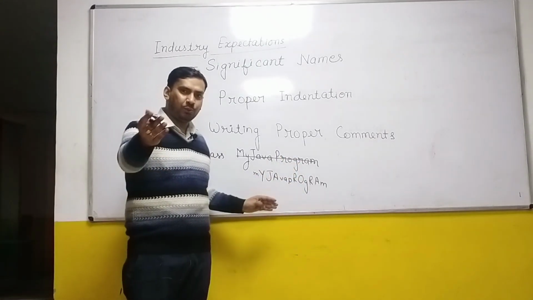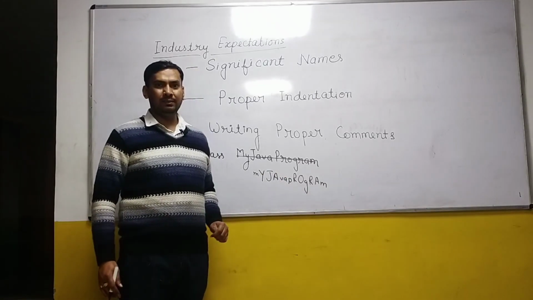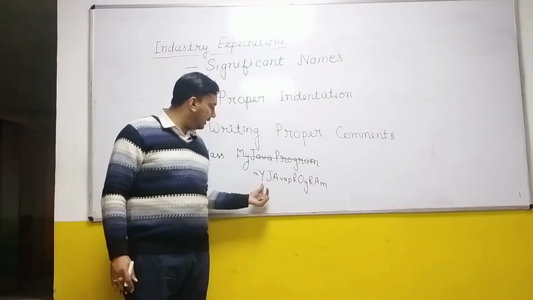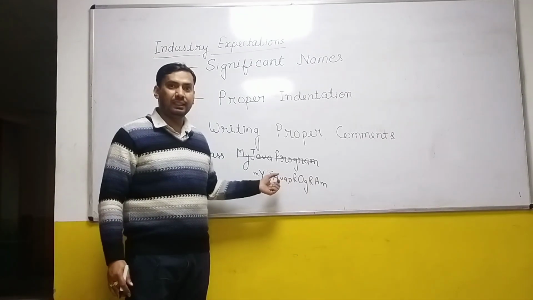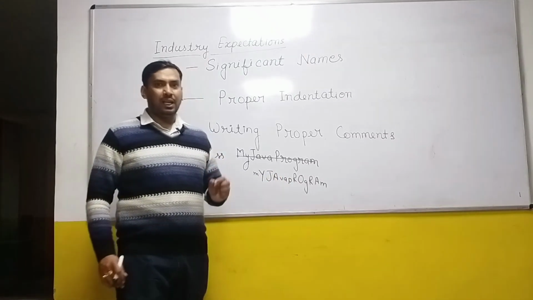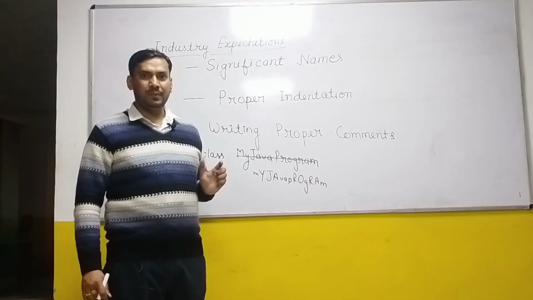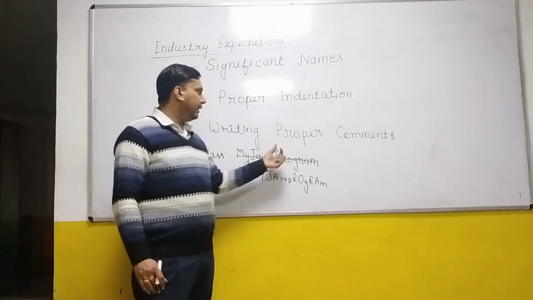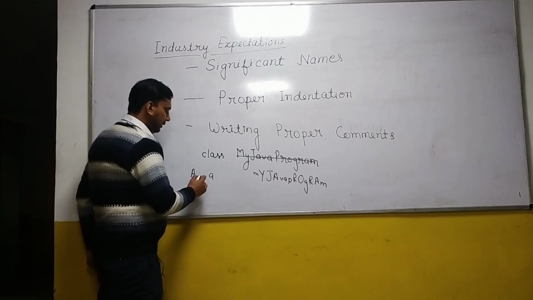But suppose you have to create the object of this class, how will you write this? You will have to refer to each and every character and ask its case, whether it is uppercase, whether it is lowercase. Why? Because Java is strongly case sensitive language. Right? Java is strongly case sensitive. It means capital A is different from small a.